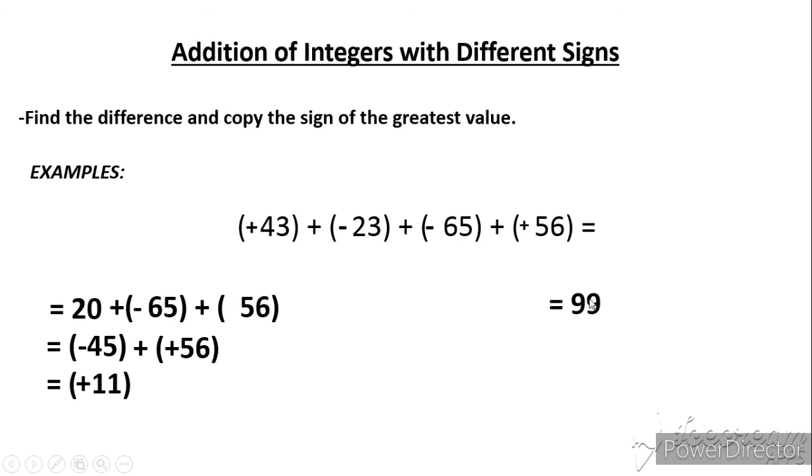And you have to copy the operation, which is addition, and you have to combine negative 23 plus negative 65, and that is negative 88, and you have to subtract 99 and 88 because different sign, 99 is positive and 88 is negative. So you have to subtract, and that is 11, and the sign of 11 is positive because 99 is greater than 88, and 99 is positive and 11 is positive.